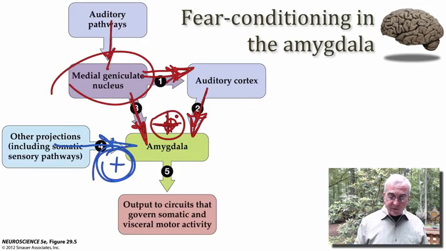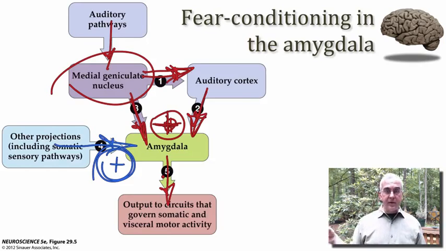The output of these amygdala neurons then is going to impact somatic and visceral motor activity and produce behavior consistent with fear and anxiety.